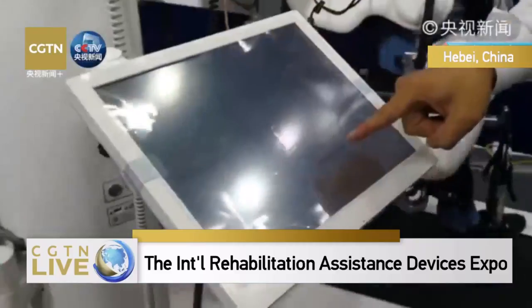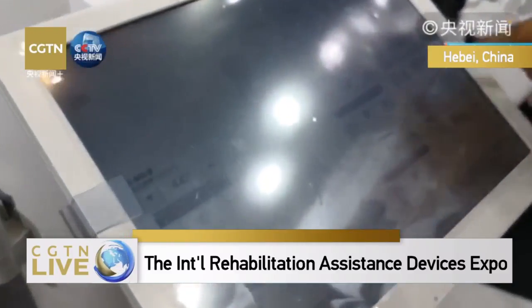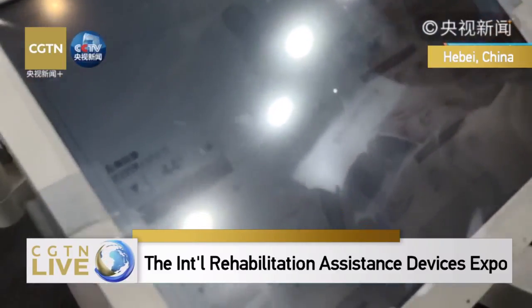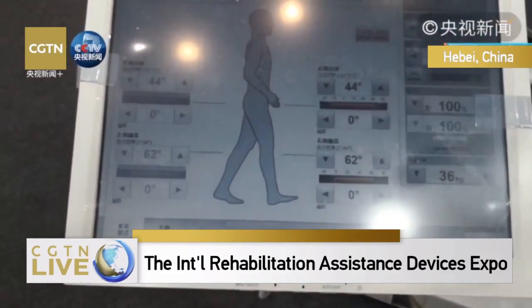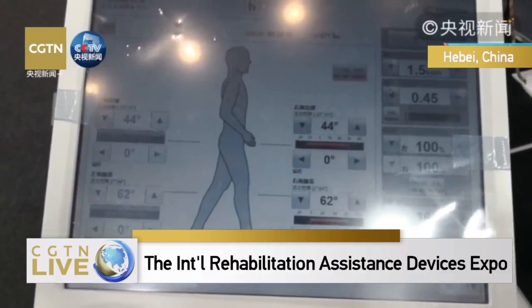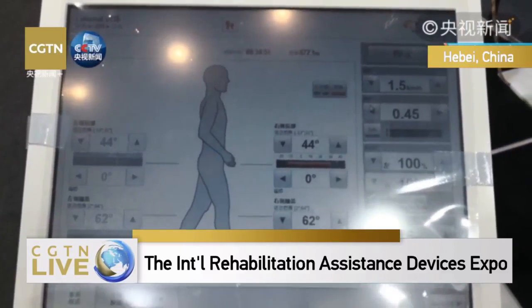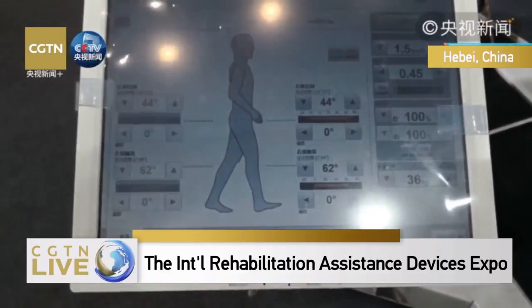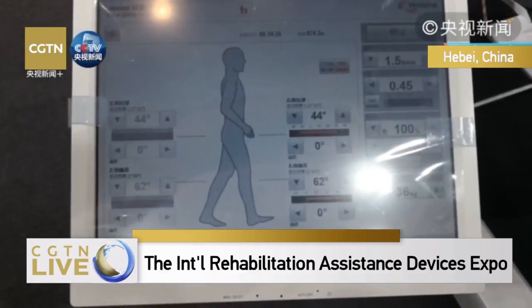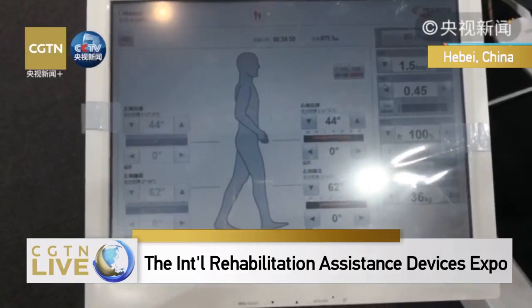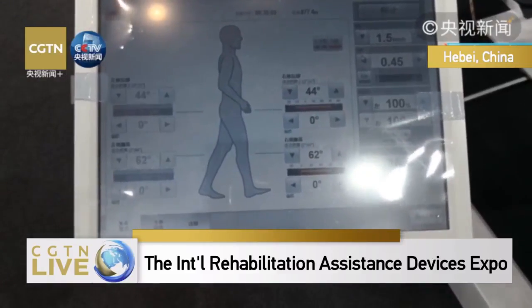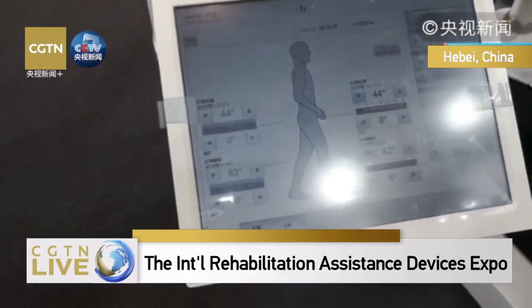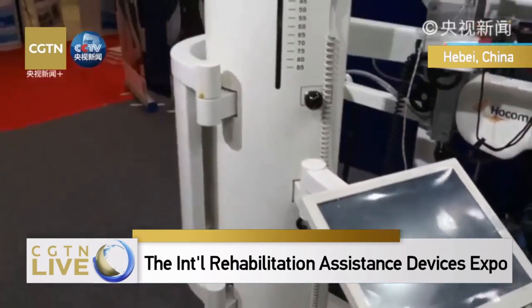Here you can see the changes of the patient's left and right hip, as well as the wrists. Here you can see that we can also make some adjustment of the parameters according to these statistics, because different patients may be suffering from different conditions.